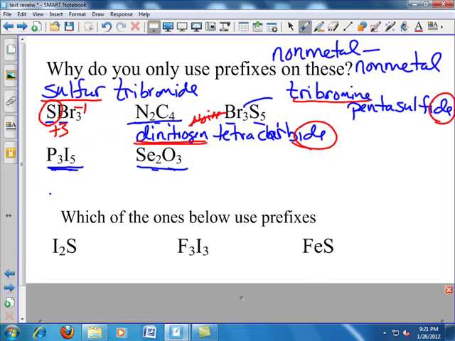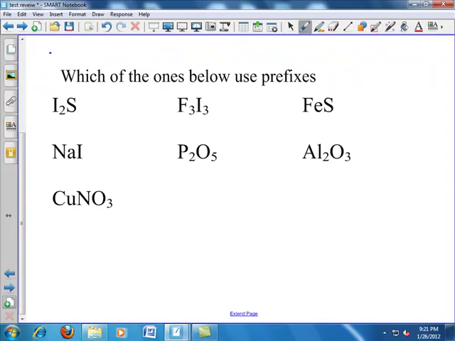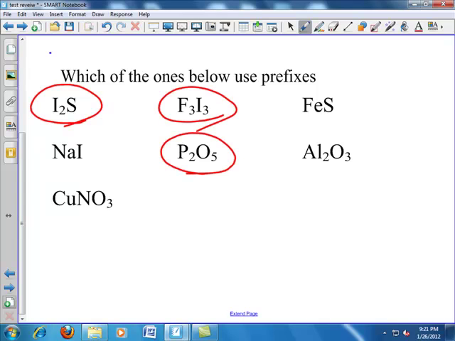I have a group of elements down here. Can you pick out which of these would need to use prefixes? Again, pause the podcast and pick them out. I'm just going to circle them now. Metal, metal, metal, metal. So if you're a metal, you do not use prefixes.